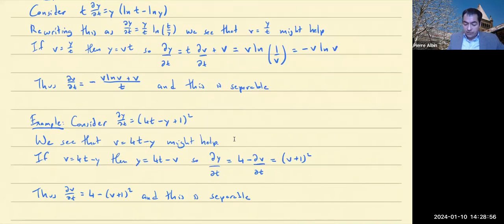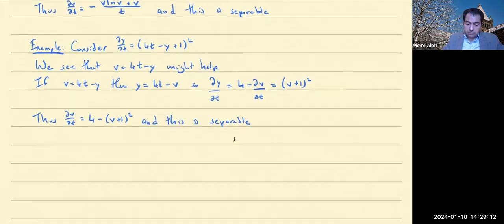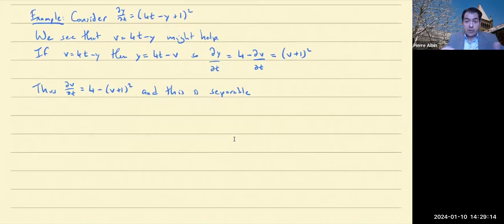Okay, so again, these are tricks because in general, if you just write down a random differential equation, odds are good that you won't be able to solve it explicitly, right? There are only a few equations that we know how to solve explicitly. So mostly we collect some tricks as far as explicit solutions go.